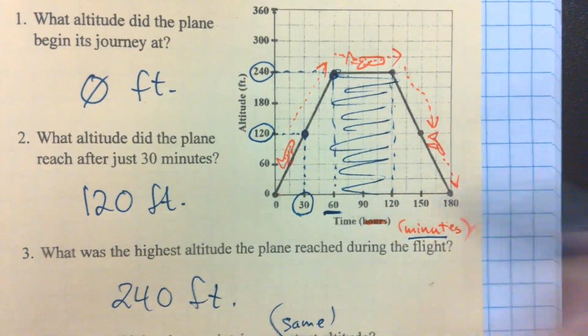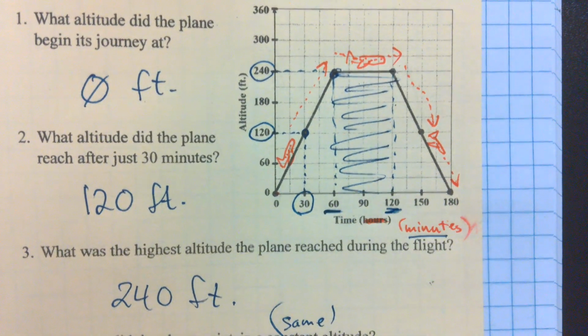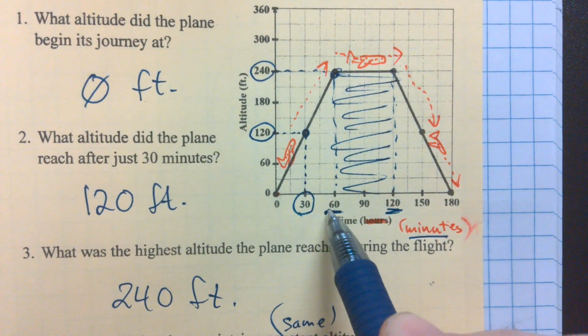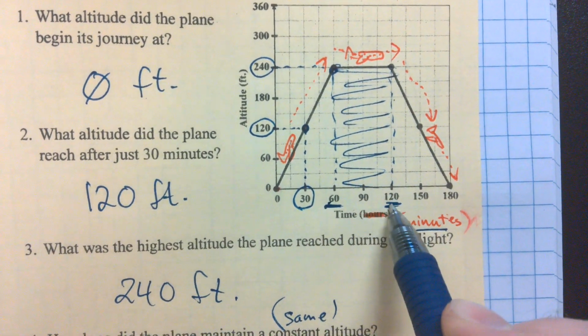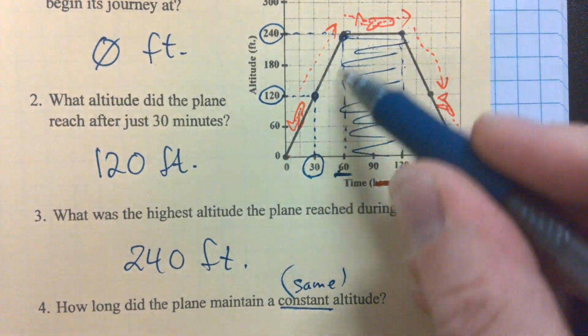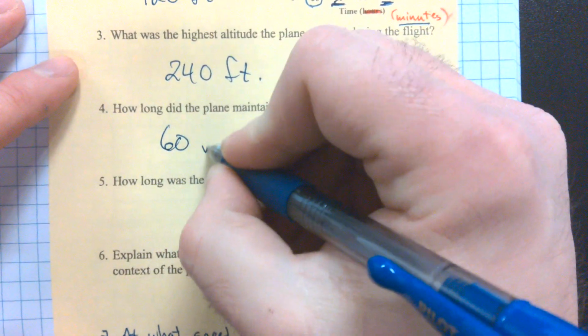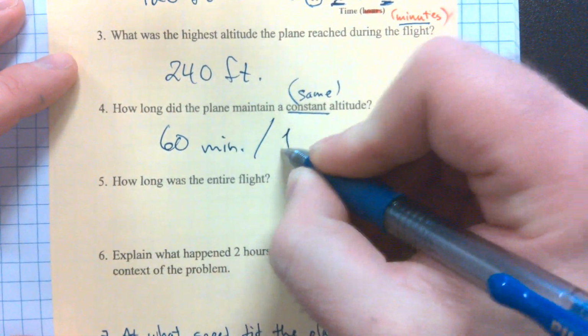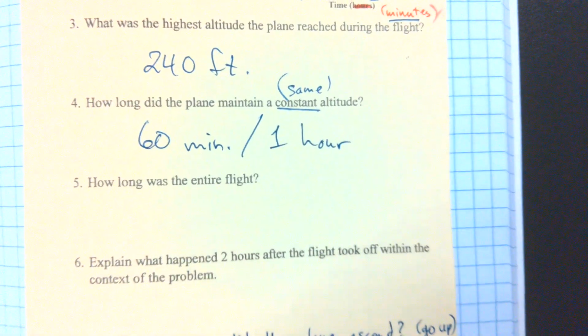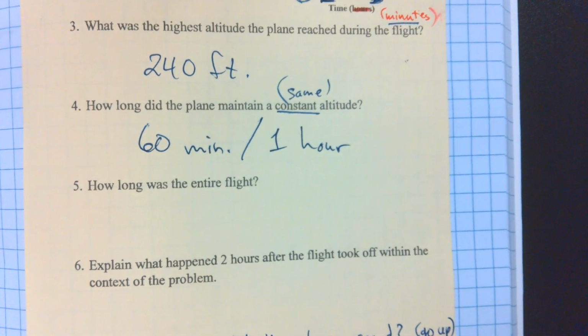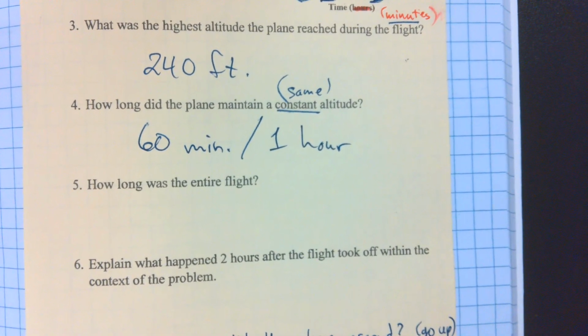It goes from 60 minutes to 120 minutes, or from 1 hour into the flight to 2 hours into the flight. So this period of time where that plane stays nice and constant is 60 minutes. Or we could say 1 hour. Thank you, Muhammad.